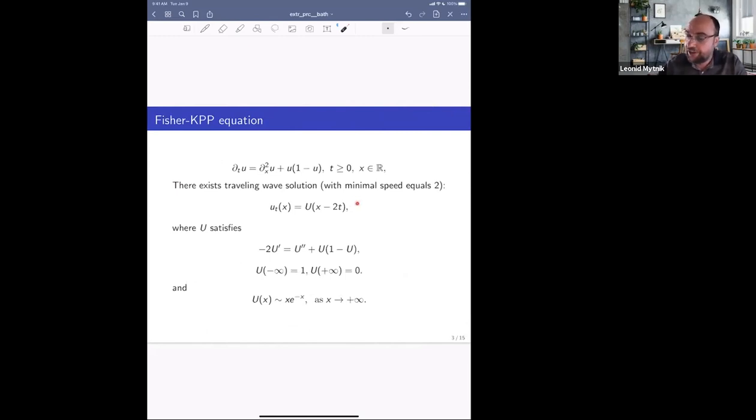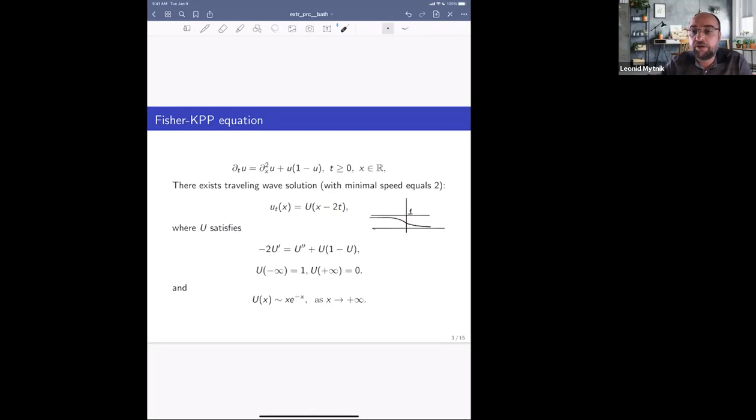So here it is. There are so-called traveling wave solutions. Which means there are solutions of the type which looks like this. By the way, we always talk about solutions that take values between 0 and 1. So we can talk about solutions which have the same shape, and this shape travels to the right with a certain speed, and here the speed with which it travels to the right is speed 2.